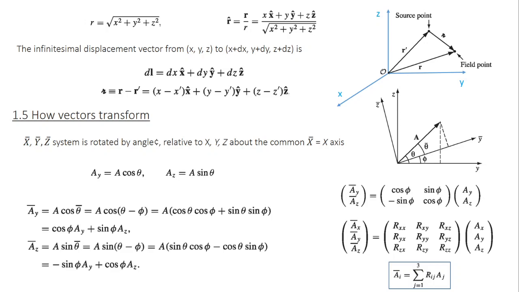Let's take the case of me lecturing in a classroom. So you all are sitting in front of me. You want to locate my position. So you take a coordinate system and you can place this coordinate system wherever you want. You can place this coordinate system on you and you can measure my position with respect to yourself.